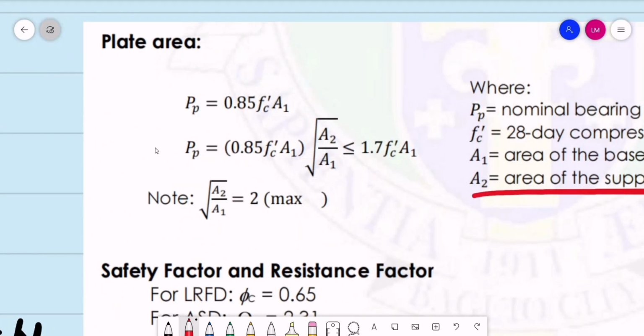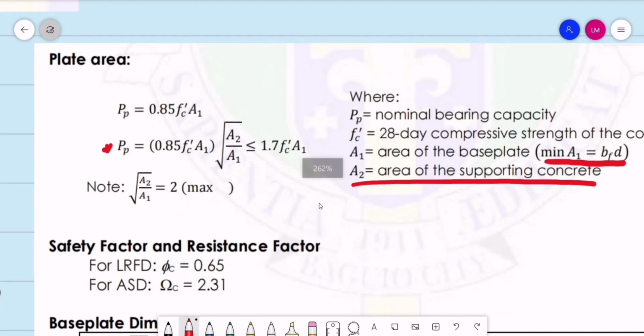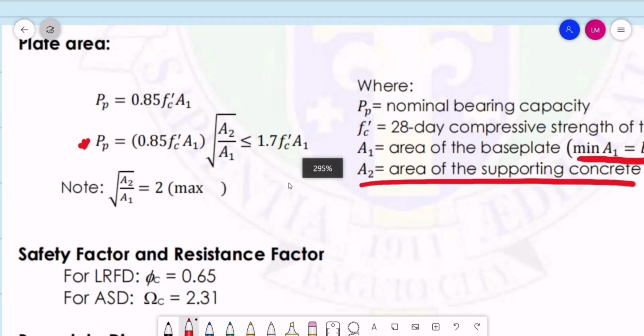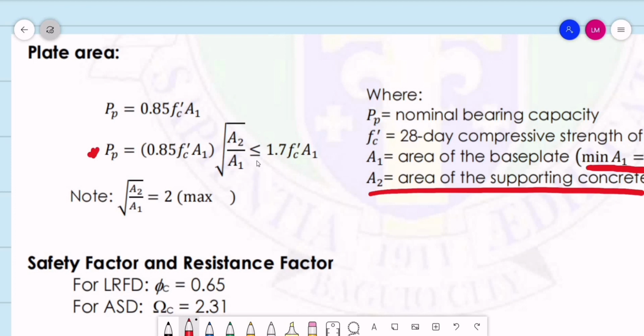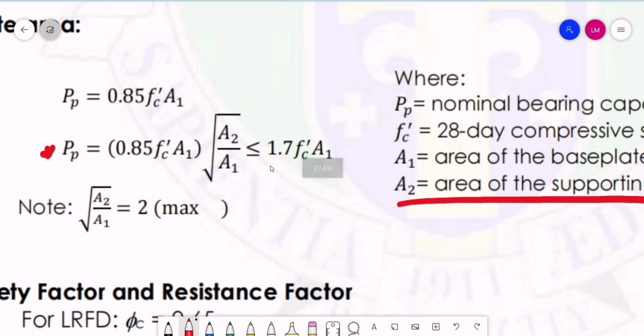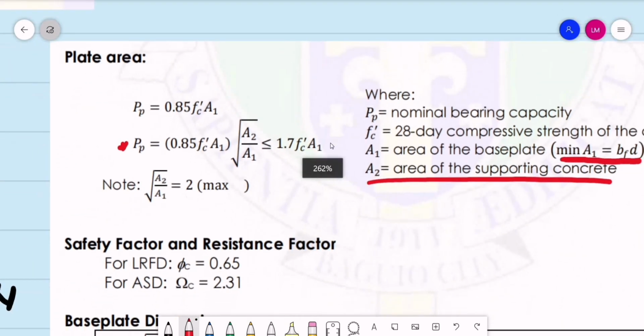So we have a consideration here. P sub p, the nominal bearing capacity of the concrete pedestal, is 0.85 f'c area 1 multiplied by the square root of area 2, the area of the concrete pedestal, divided by area 1, which should be less than or equal to 1.7 f'c area 1.